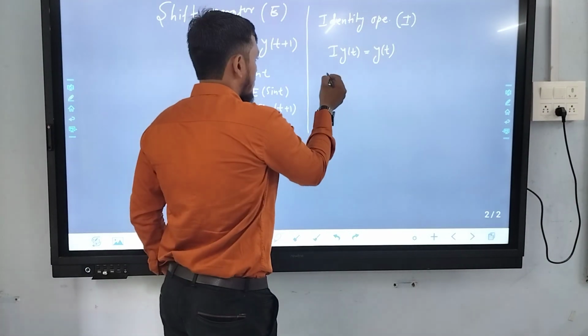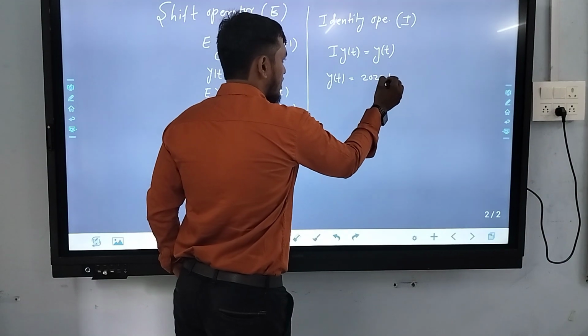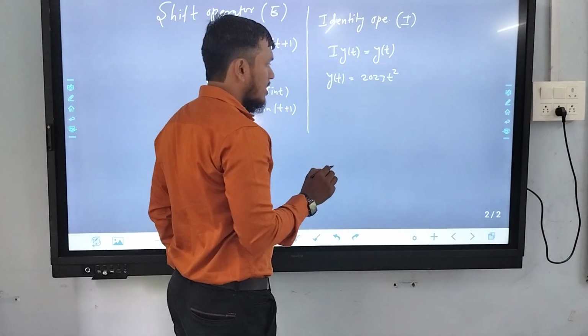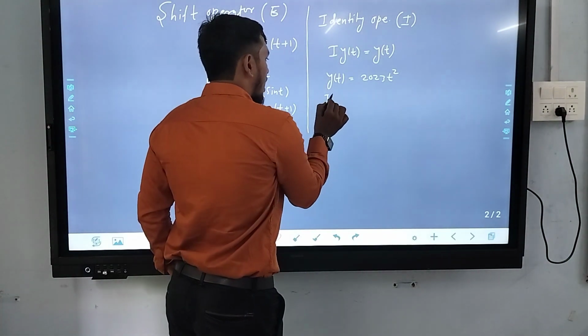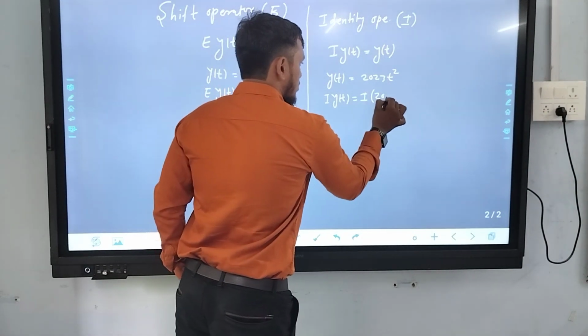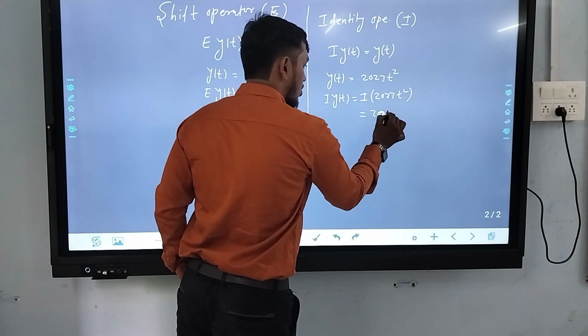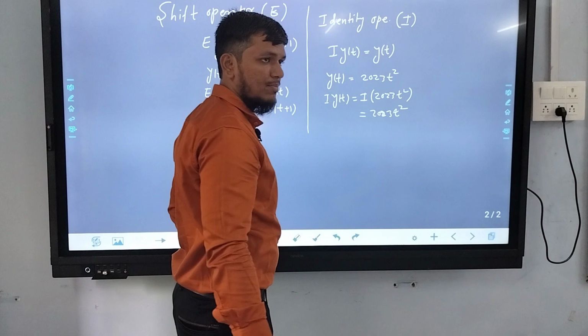For example, if you take y of t equal to 2023 t raised to the power 2 and the identity operator operates on this function, in the result we get the same function, 2023 t square.